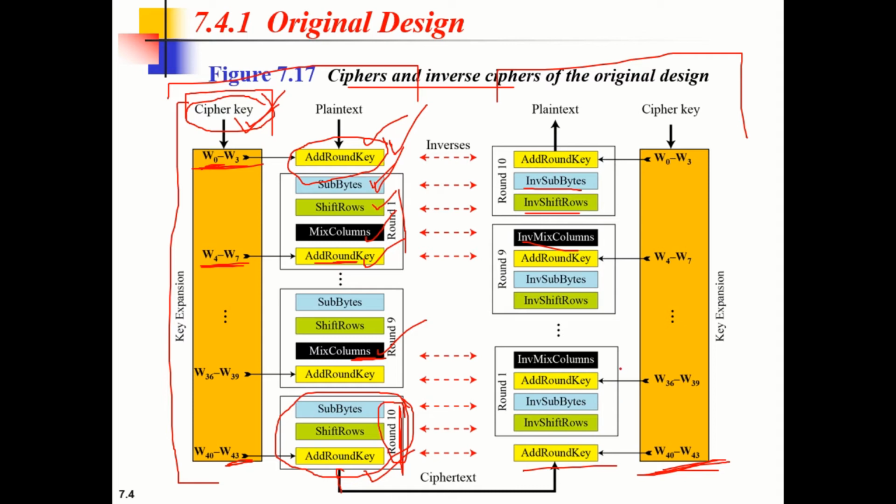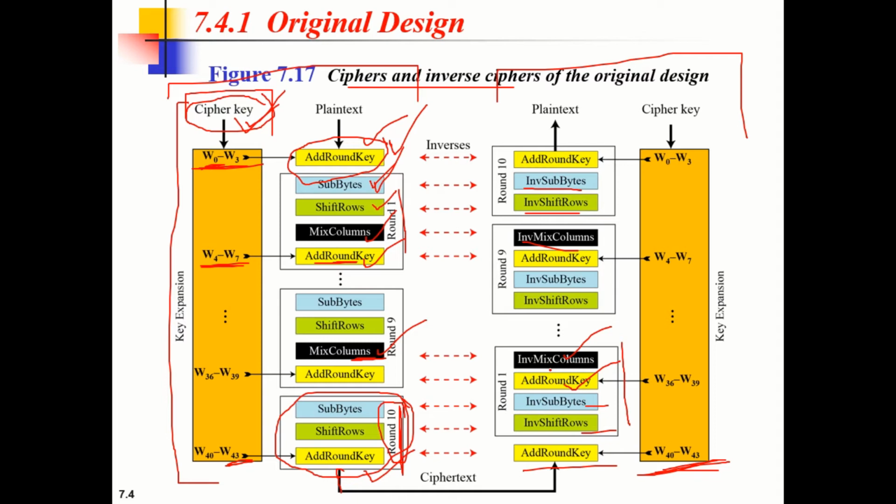Then again we'll be having the first round, which will perform inverse shift row, then inverse subbyte, then it will add the round key. And at last we'll have the mix column, which is the inverse mix column, right?